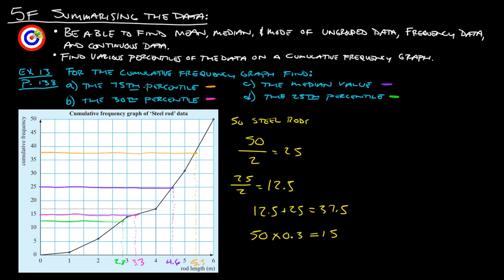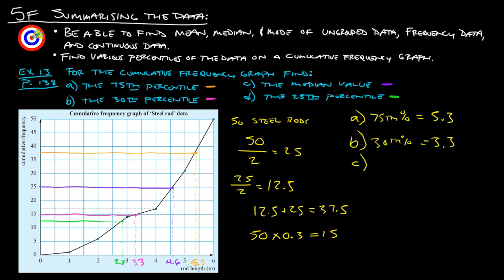All right, now we've got all our answers down here. Let's just answer them nicely over here. A, the 75th percentile: we look at our 75, that's the orange one, and that one is 5.3. The 30th percentile was our 15.